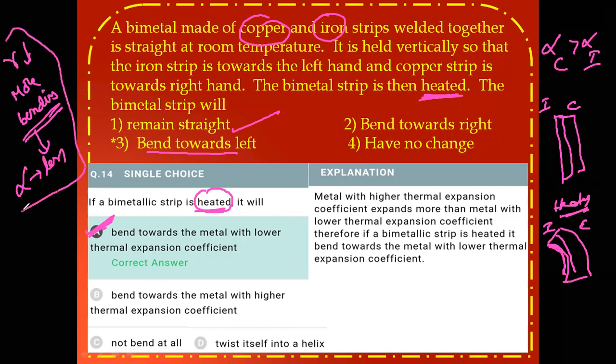These conditions are satisfied in the case of heating the system. This is very important. Okay.